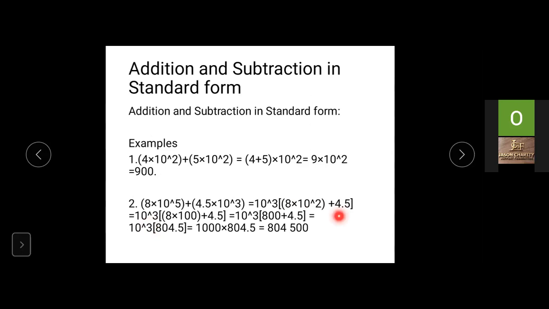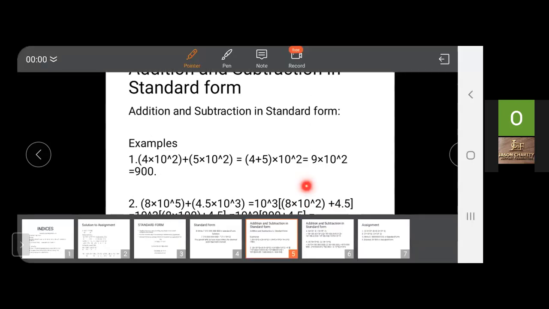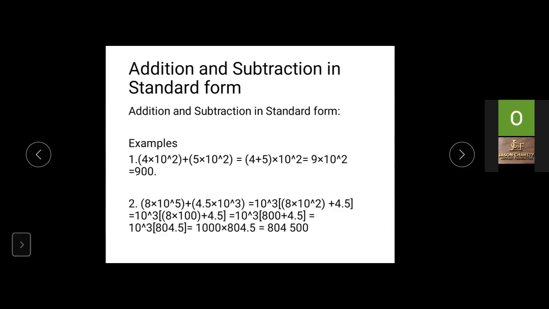So we have 10 raised to the power of 3 into 8 times 100 plus 4.5. 8 times 100 gives us 800, and 800 plus 4.5 is 804.5. So we have 10 raised to the power of 3 into 804.5.